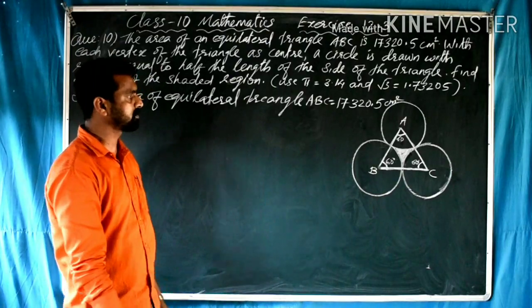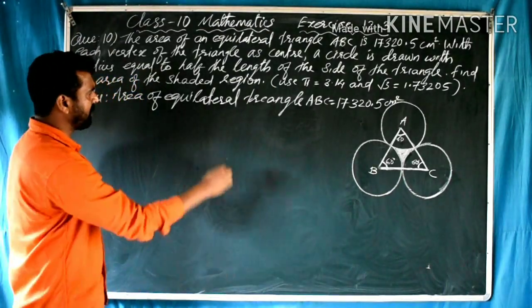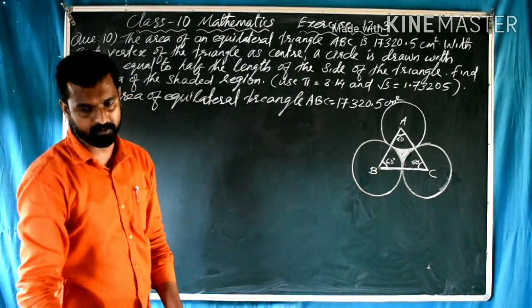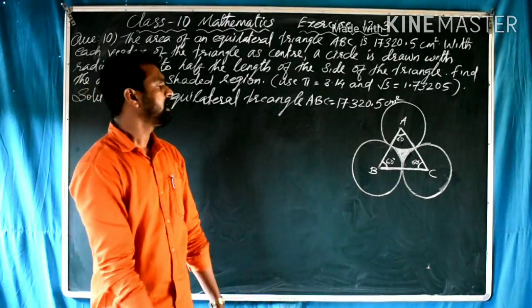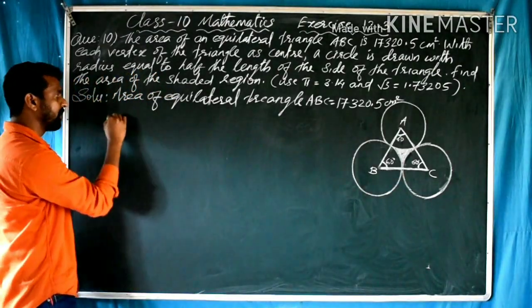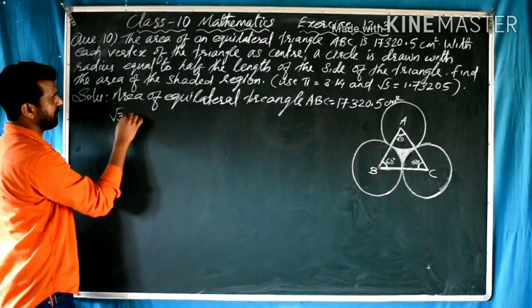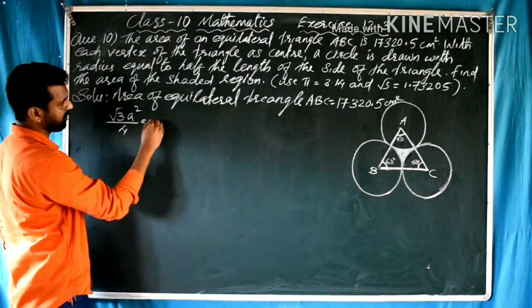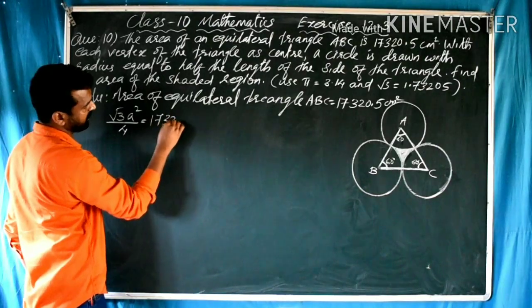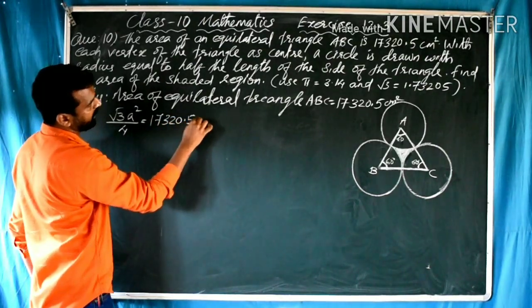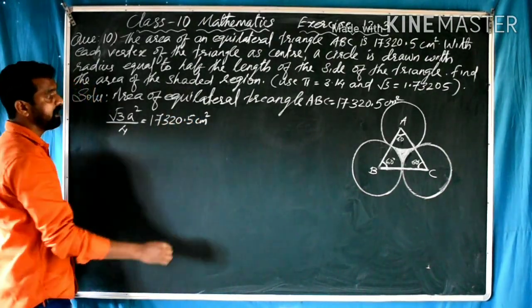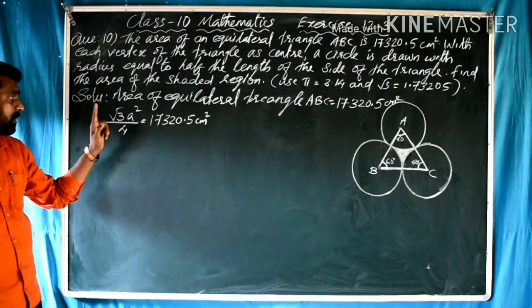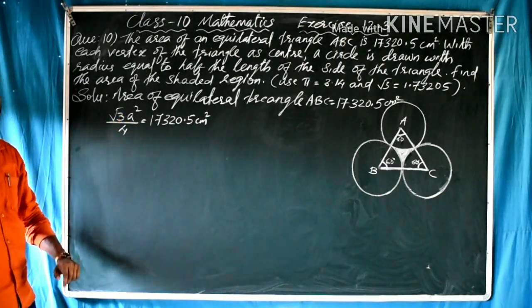And what is the formula for the area of an equilateral triangle? Area of an equilateral triangle is equal to root 3 a square divided by 4. So root 3 a square divided by 4 is equal to 17,320.5 centimeter square.